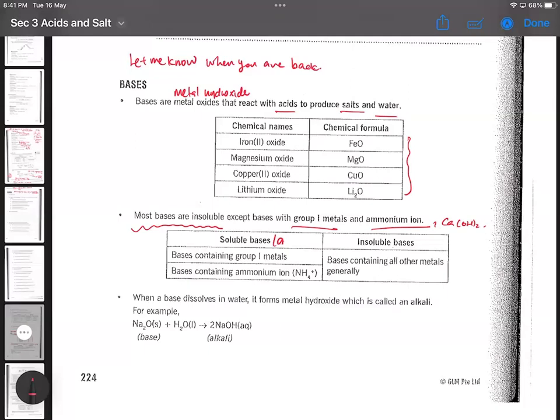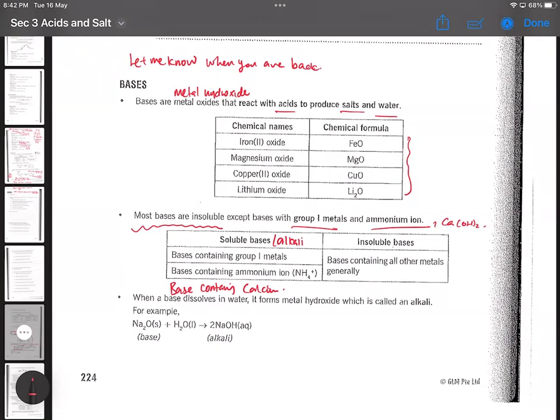We call them alkalis. Insoluble bases is just insoluble bases. So bases that contain group 1 metals, ammonium, and also bases that contain calcium, they can all have the ability to form alkalis.